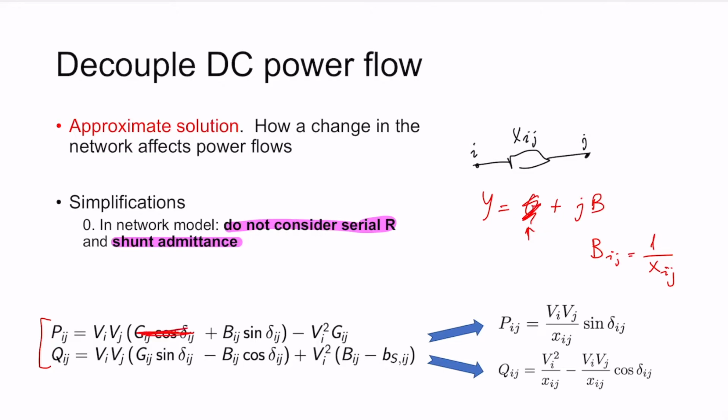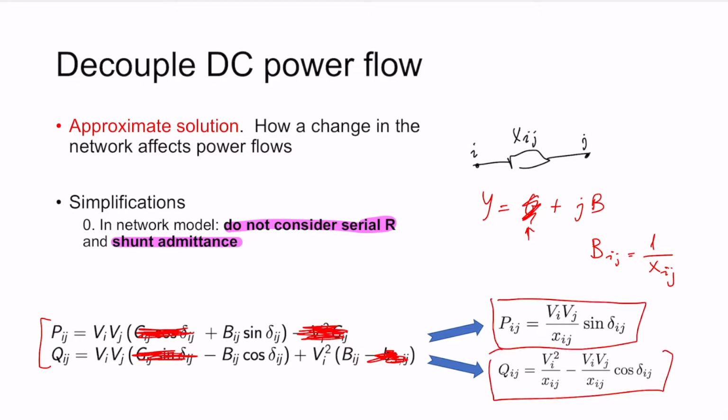So for example, here in this branch flow, this is already crossed, this is crossed. We don't have this shunt admittance, so we don't have this element, and this part also is crossed. With that, we have these two expressions for the active and reactive branch power flow equations.